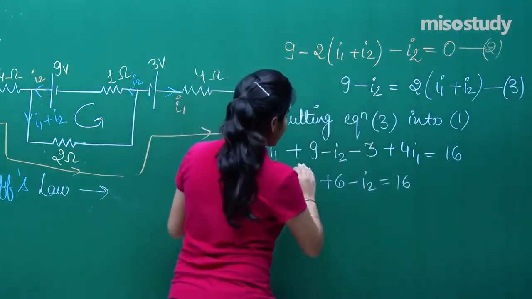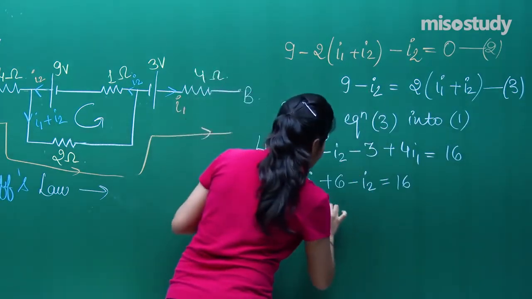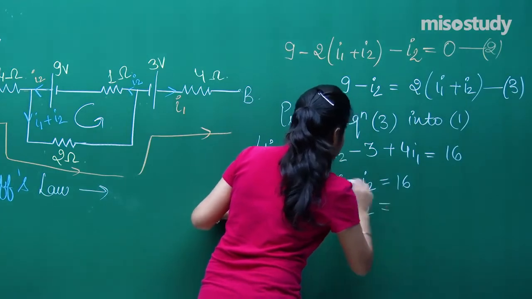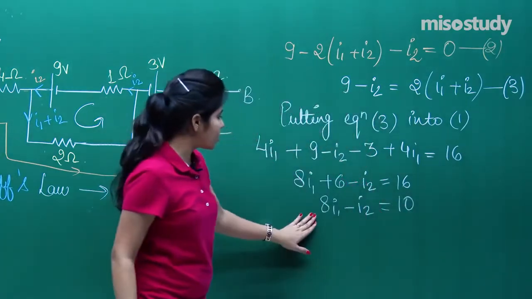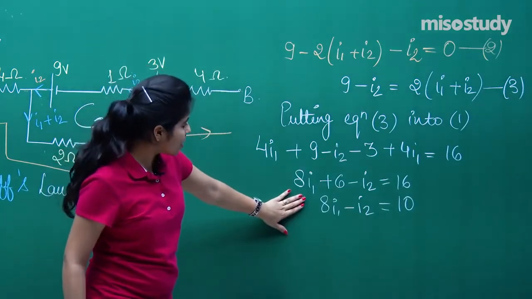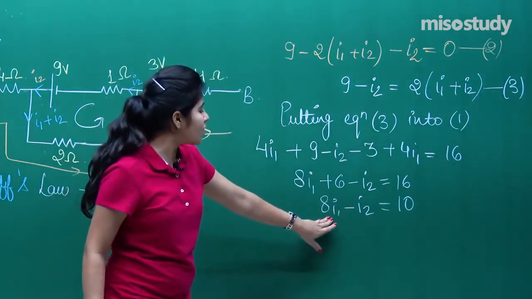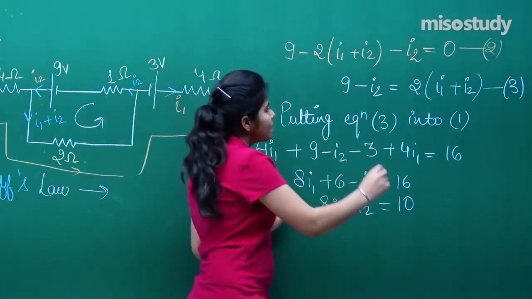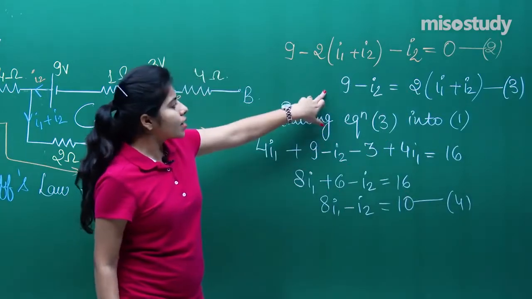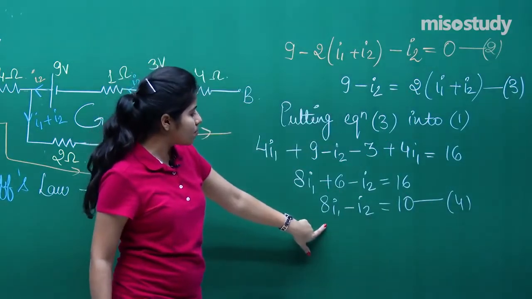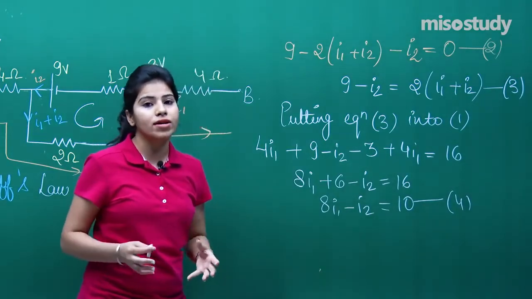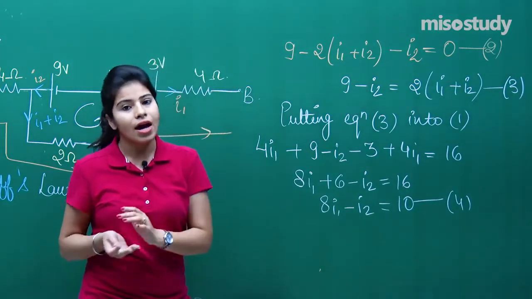So from here we have 8I1 minus I2 equals 10, right? 9 minus 3 is 6. So we have 8I1 minus I2 equals 10. Let me suppose this as equation number 4. Now we can see that in equation number 3 and equation number 4, if I solve for them, I'll be able to find the value of I1 and I2.